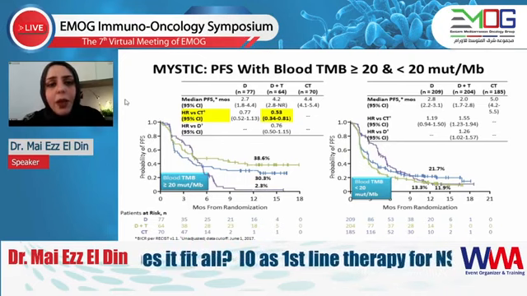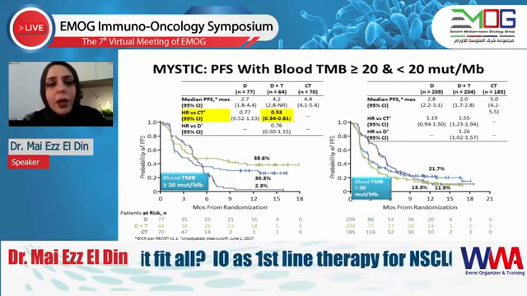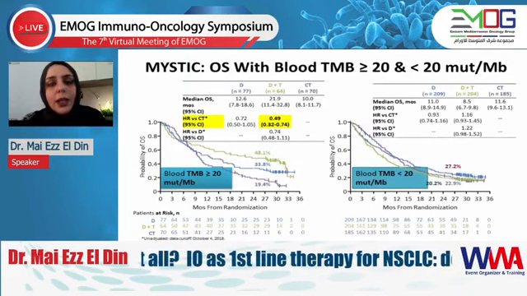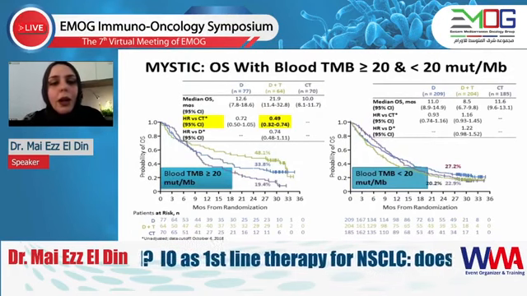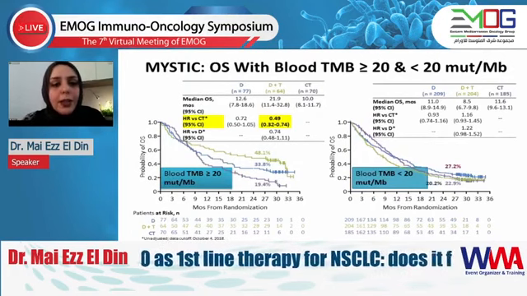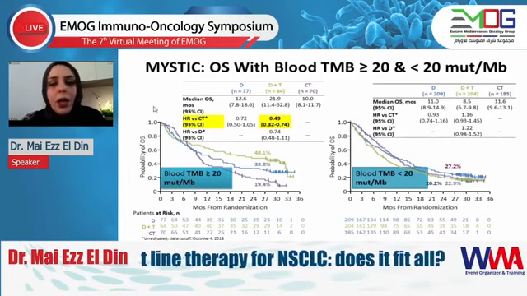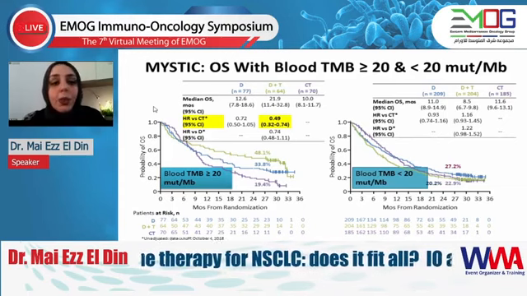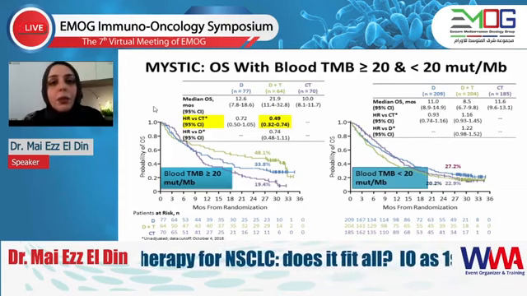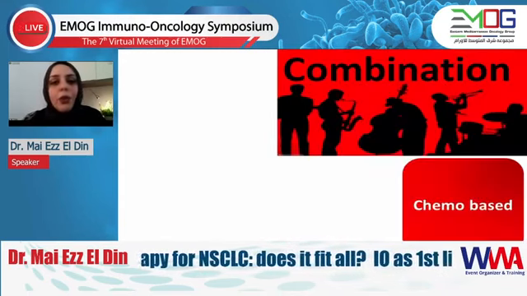As you can see, 0.53 hazard ratio. And it was also seen if you had a higher tumor mutation burden, more than 20 mutations per megabase, it was still seen here also. But again, this was an exploratory analysis. It was not the primary intent of the trial.